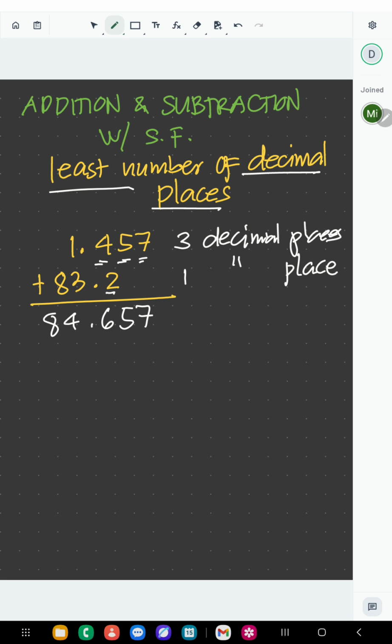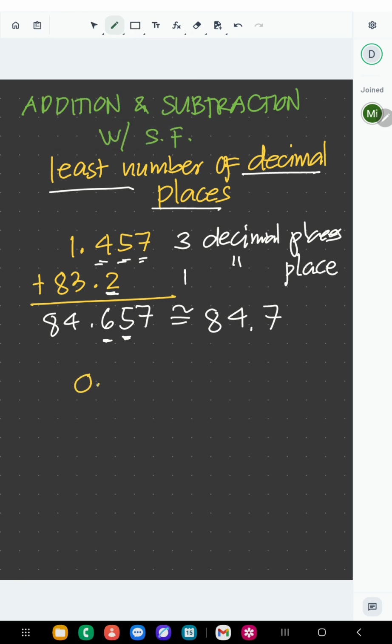So the least number of decimal places is 1. So that means we round this off to approximately 84.7. Because the digit here is 6, the next number is 5, so you add 1 to 6.